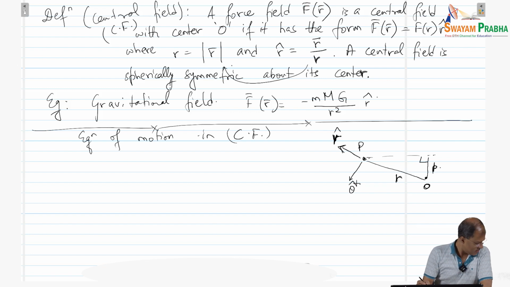Okay, and let us say this planet is moving with a velocity v. So the radial component of the velocity is v_r, and its component along the theta direction is v theta, right?